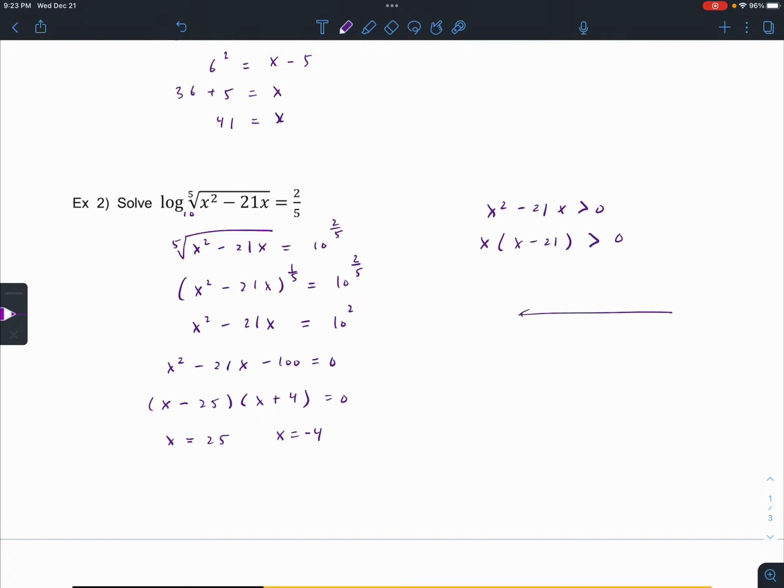So assuming we have 0 and 21, and this is a quadratic. So we're solving this by graphing. So it's positive here, negative here, positive here. So we want it to be positive, right? So we have a value that's less than 0, which is fine here, and a value that's more than 21. So they both check out. They're both good. Okay, so they are both solutions.